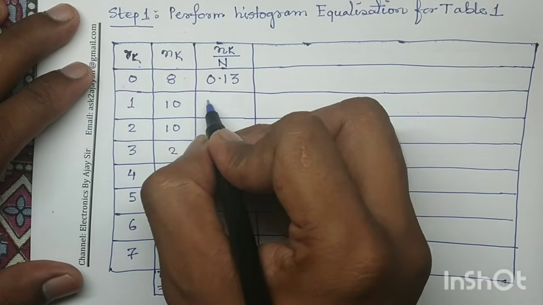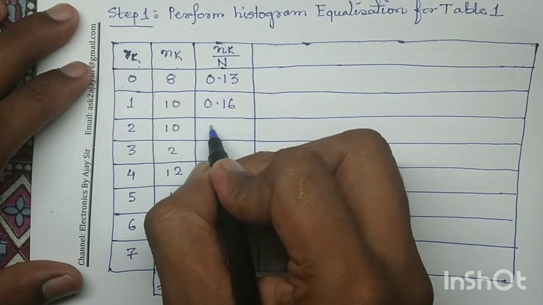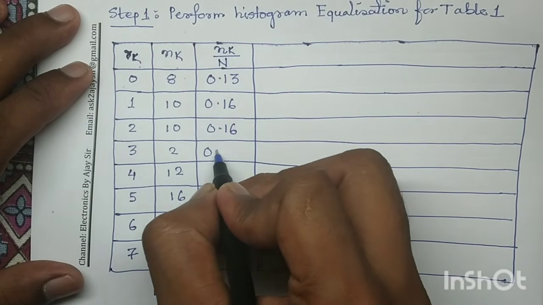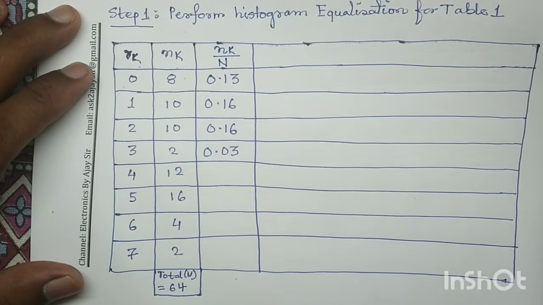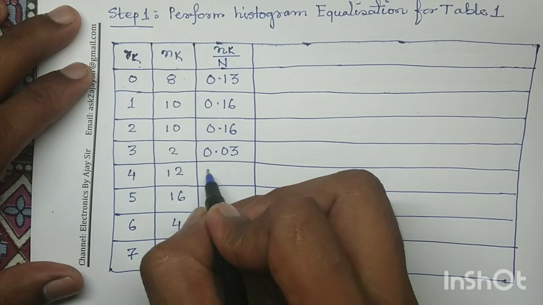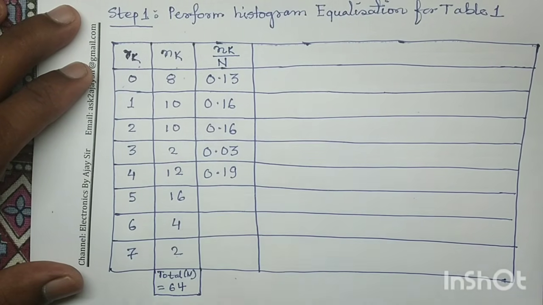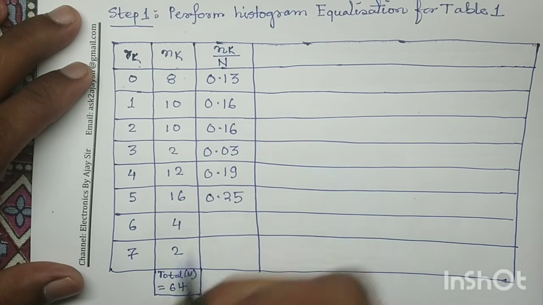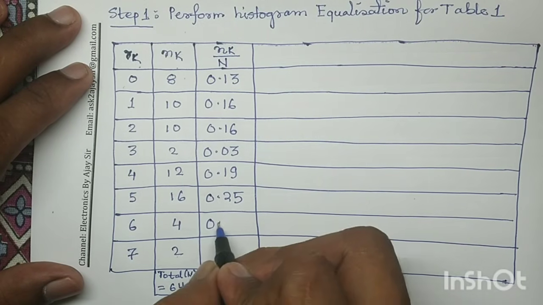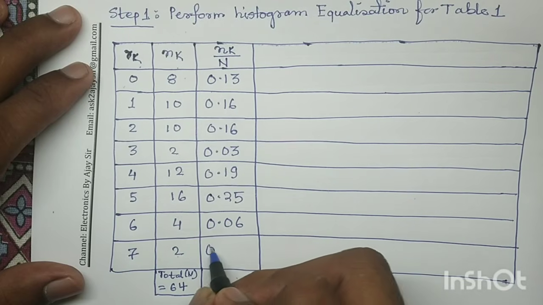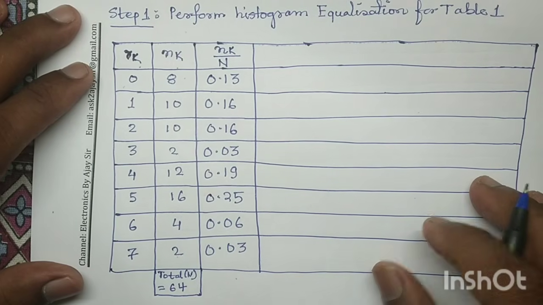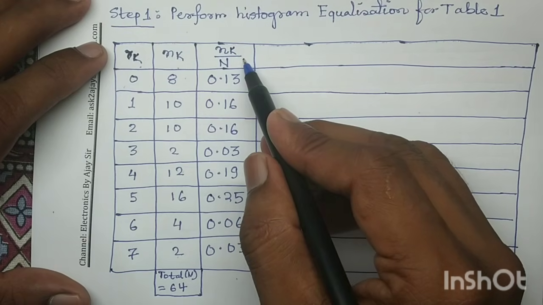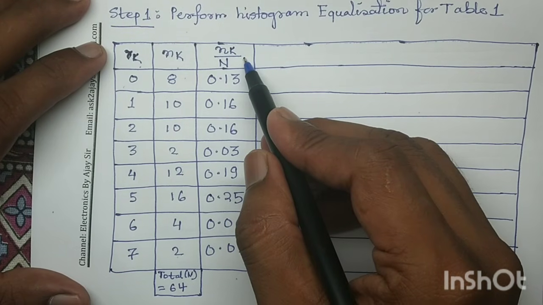Similarly for the others it is 0.16, 0.16, 0.03, 0.19, 0.25, 0.06 and 0.03.